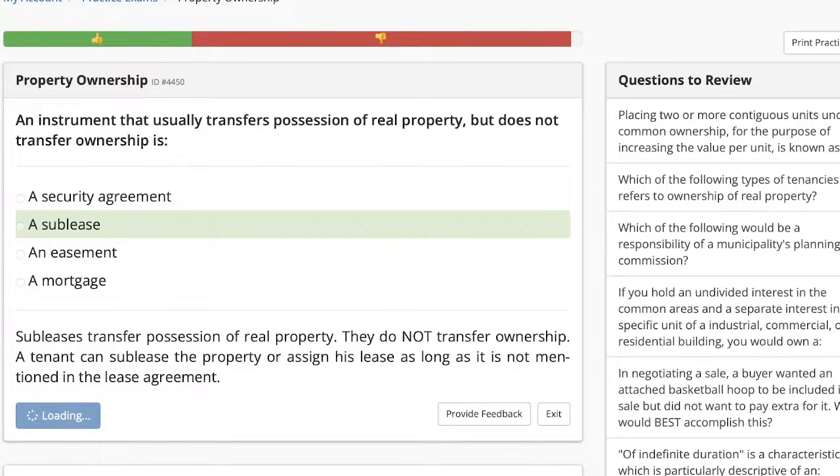Who could tell me which one of those is the most common? Which one's the most common out of those 4? Gross lease, net lease, percentage lease, or sandwich lease?